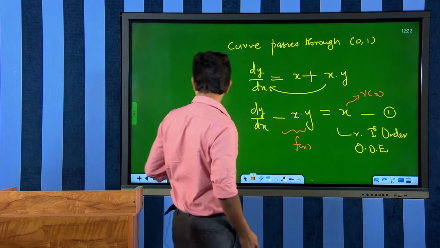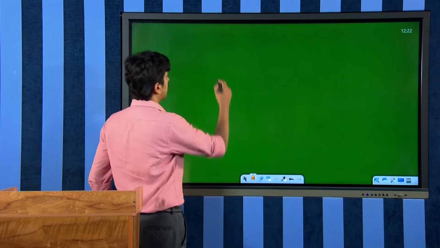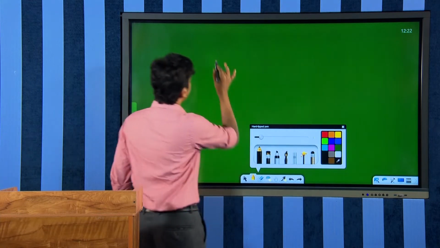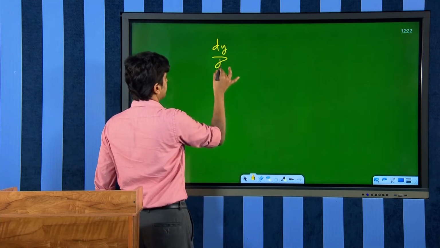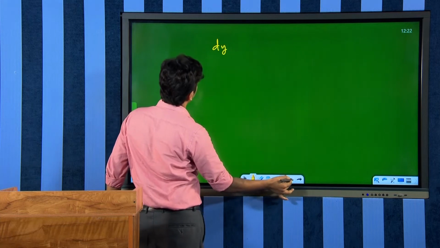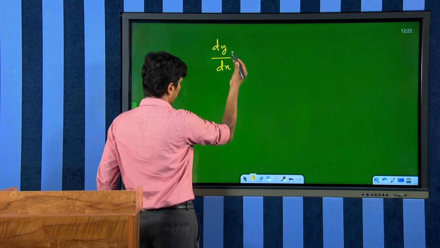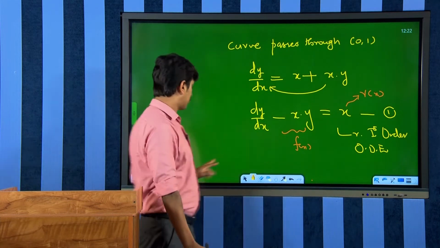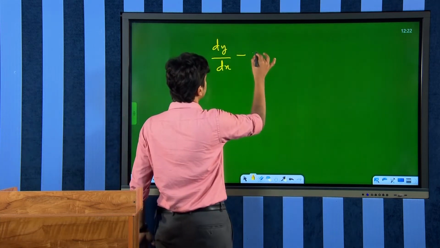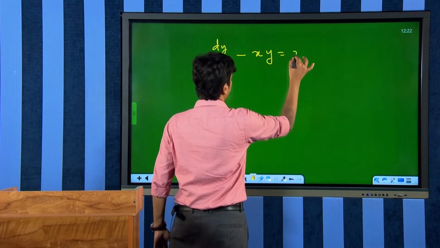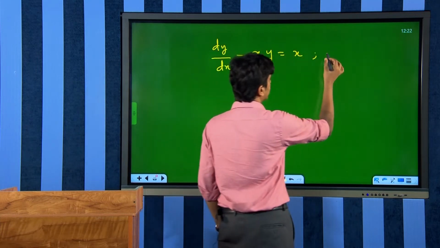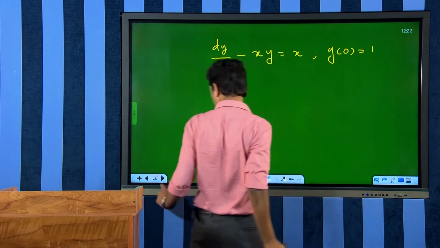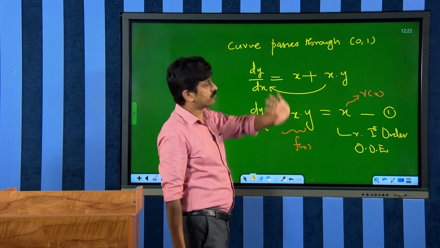So equation 1 is dy/dx minus xy is equal to x, and also we can write y of 0 equals 1.